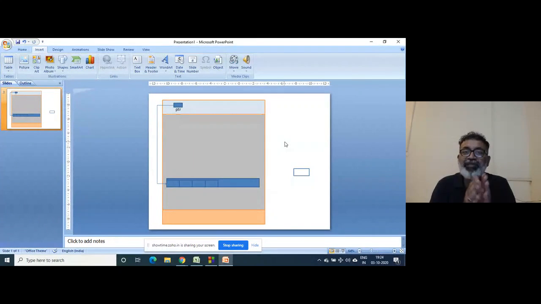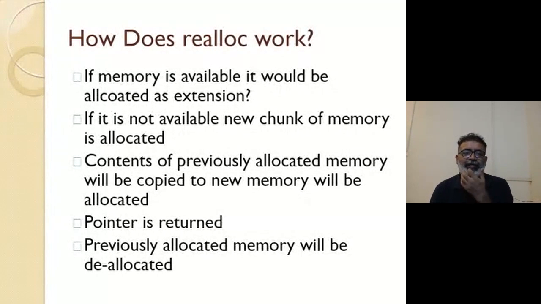If the first step fails, it cannot allocate extra memory adjacent to the previous memory. So it goes for the next 4 stages, right? Same I have written here. I thought that if I just read this, you may not be able to understand. I wanted to make that animation. I just tried that, but it takes a lot of time.